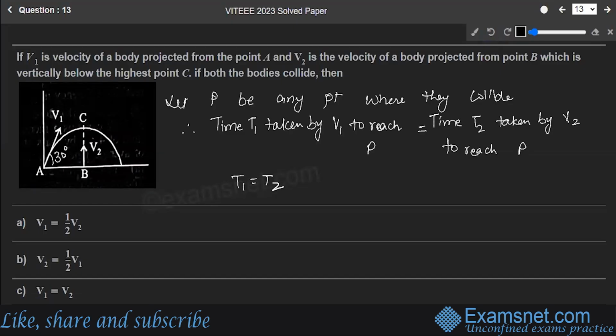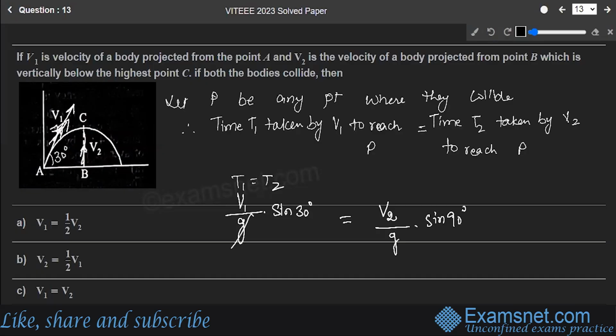What is T1? This is V1 upon G into sine of 30 degree. This is a vector quantity. So V1 along this line, this is V1 into sine 30 degree. This is the vertical factor of this V1 velocity. This is equal to V2 because this is vertically going upwards. So this is into sine 90. That becomes V2 upon G into sine 90 degree.